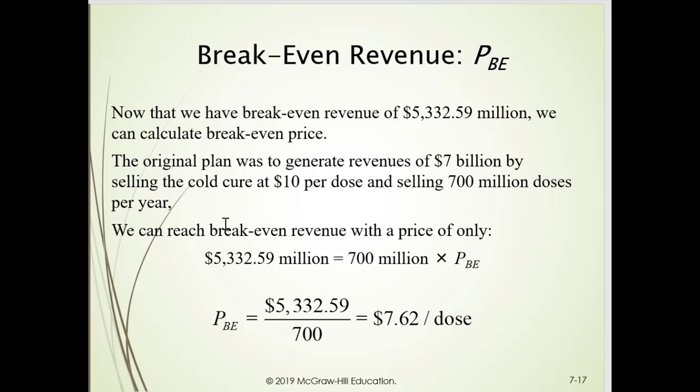So what is the price that we need to get to? 53.32, if that equals 700 million times the break-even price, the break-even price is $7.62 a dose. So if we can at least sell for $7.62, we would have a break-even point.